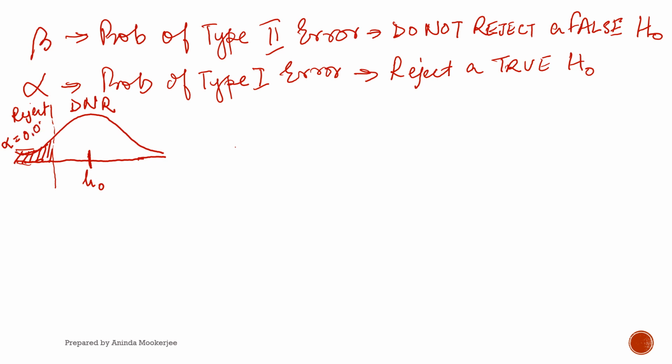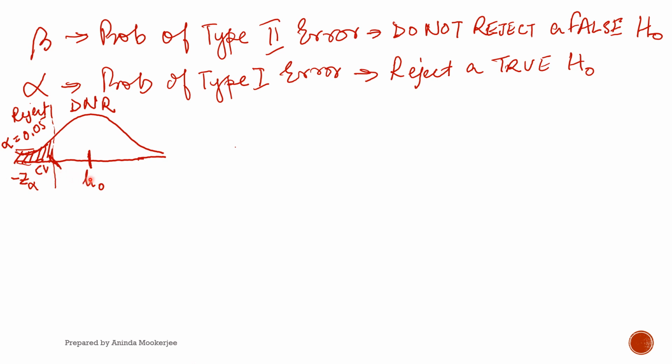Typically it's 0.05, and associated with alpha was also what we have as a z of alpha value. If it's on the left hand side, it'll be negative z of whatever alpha is in a left tail test. And that represents a critical value. That means the cutoff between the reject and the do not reject region is the critical value.